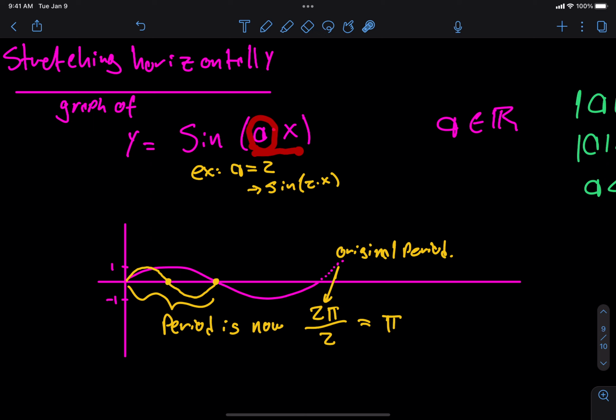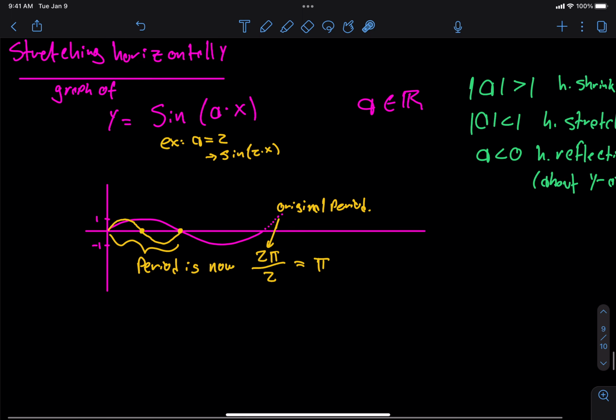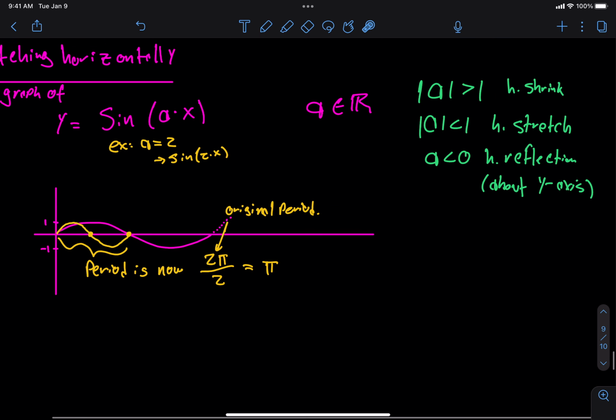Okay, so the tricky thing about horizontal stretching is that we're going to have a horizontal stretch when a is less than 1, because we're living inside of the parentheses, right? When we're inside of the parentheses, we have to remember everything is the opposite of what we think it would normally do.